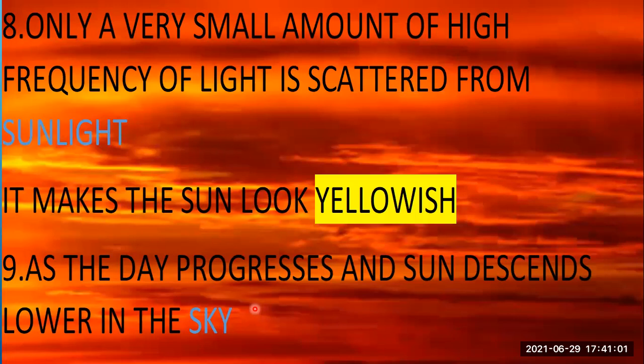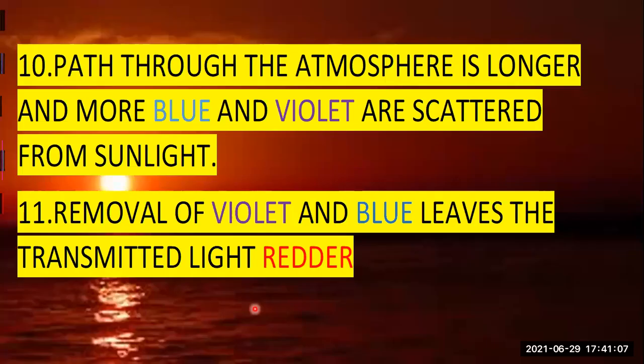As the day progresses and the sun descends, lowers in the sky, what happens? The path through the atmosphere is longer and more blue and violet are scattered from the sunlight when the sun descends. The removal of violet and blue leaves the transmitted light redder.